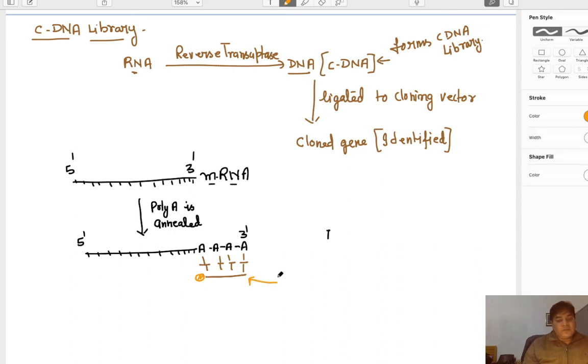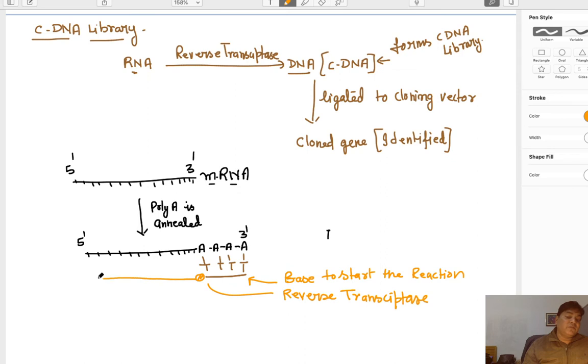So this is the base to start the reaction. And this enzyme is the reverse transcriptase. Now this reverse transcriptase forms the first strand of DNA in the 5' to 3' direction.